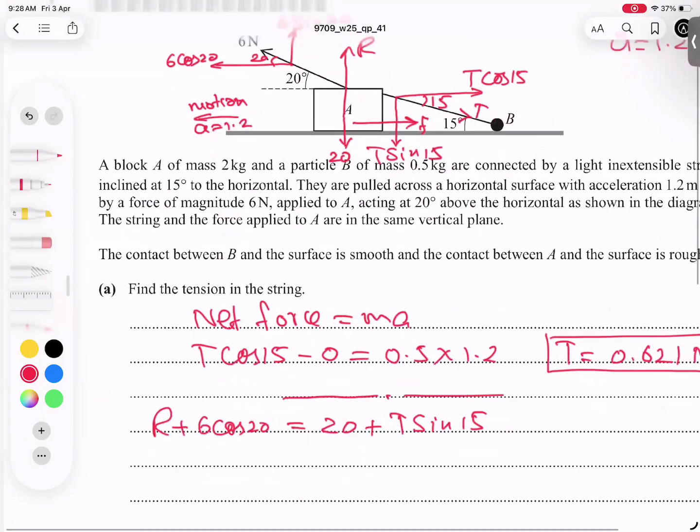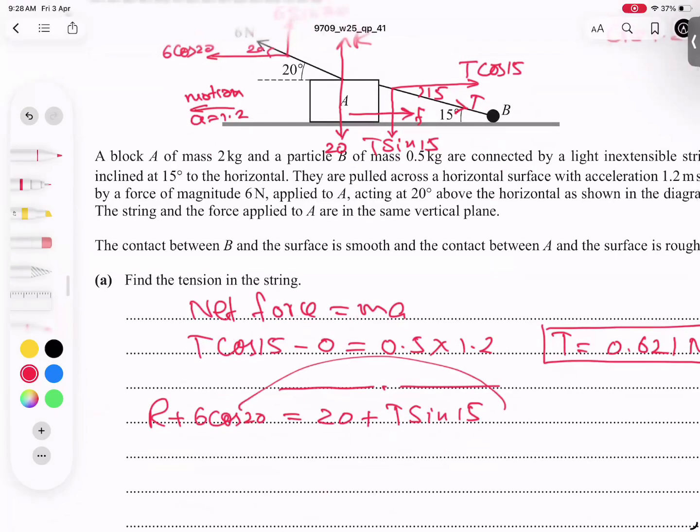Okay, this is done, and now I bring this component to the other side. So R is equal to 20 plus, with T value 0.621, 0.621 sine 15 and negative 6 cos 20.